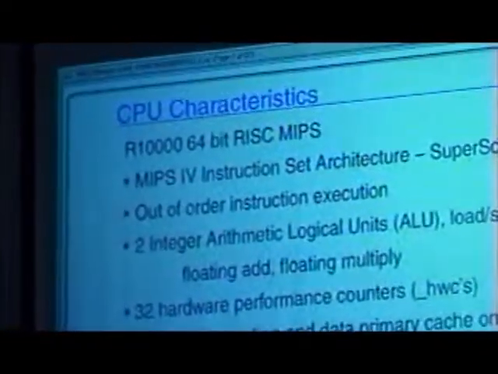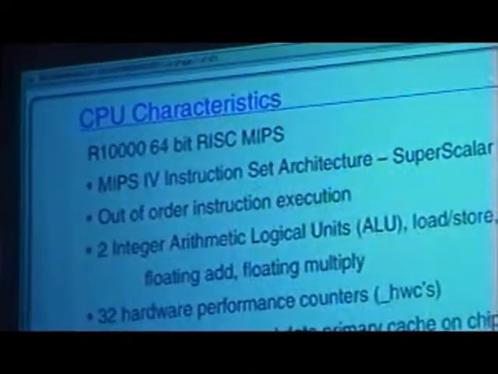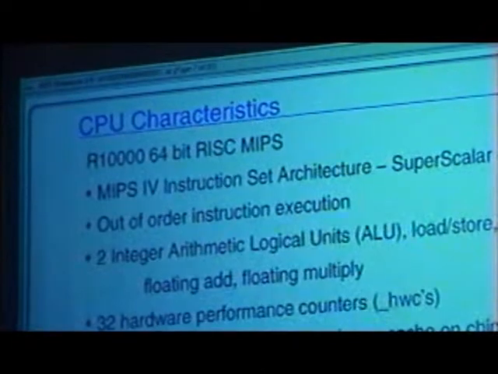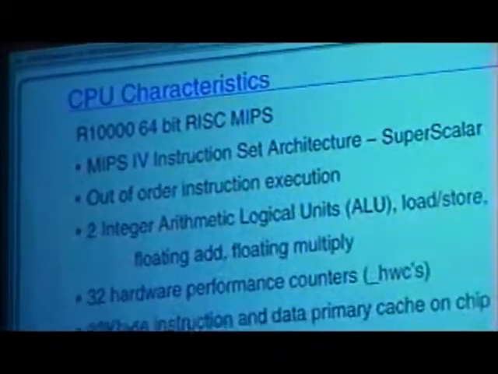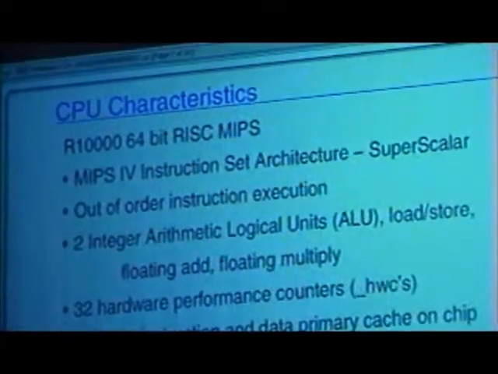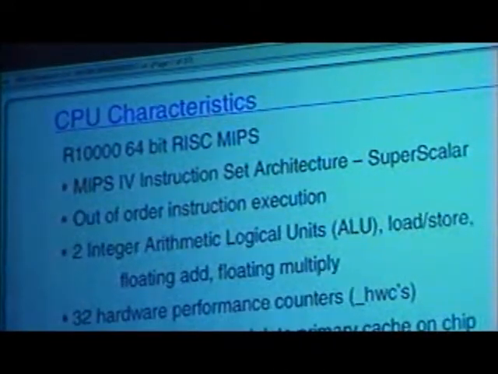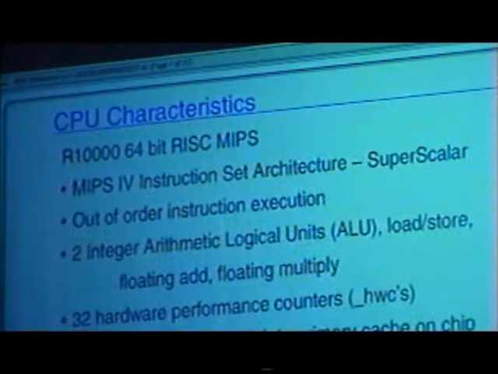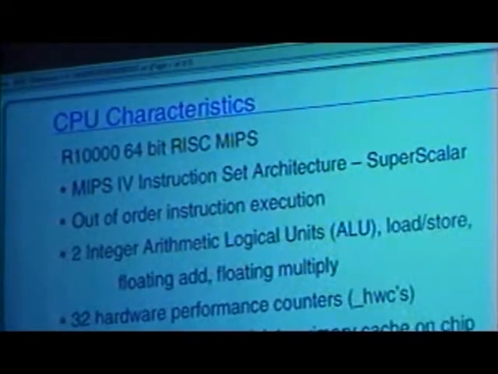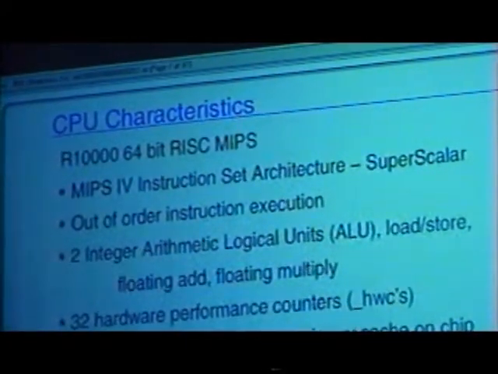So real briefly, the R10K, 12K, and 14K are the 64-bit chips that we have within SGI. RISC, I'm a Cray person, really invented by Seymour Cray. RISC means that we have discrete logic to decode our instructions. I used to work on microcode machines like Pentium chips.